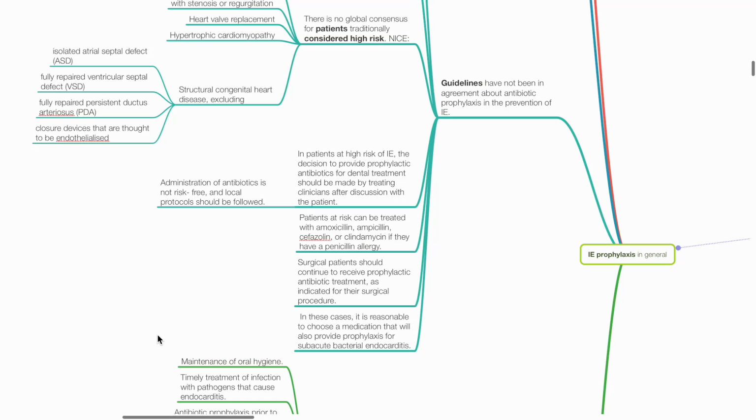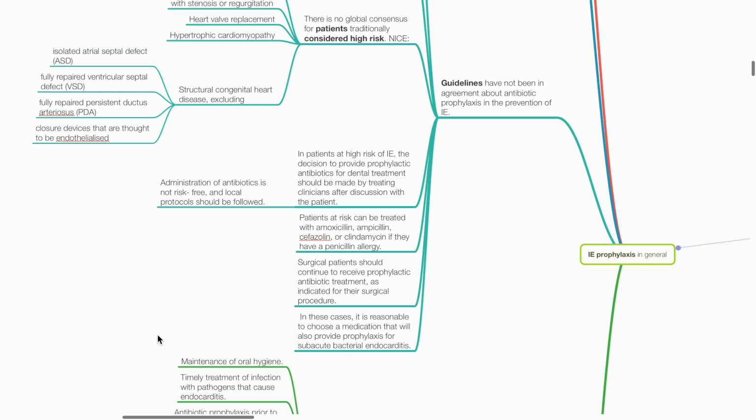Administration of antibiotics is not risk-free. Patients at risk for IE can then be treated with amoxicillin, ampicillin, cefazolin, or clindamycin if they have penicillin allergy. Surgical patients should continue to receive prophylactic antibiotic treatment as indicated for their surgical procedure.